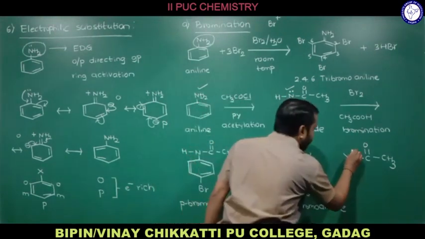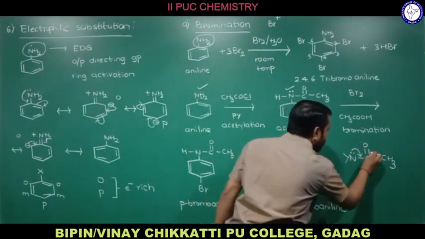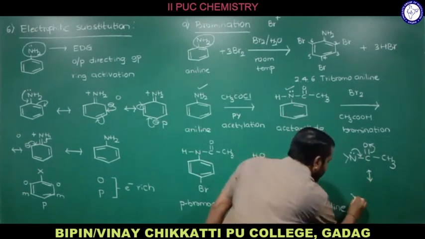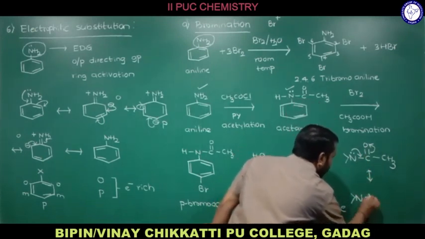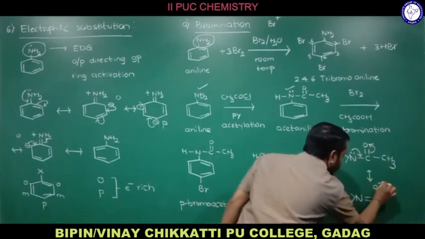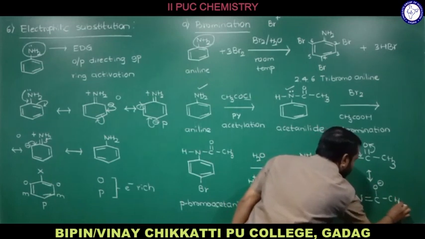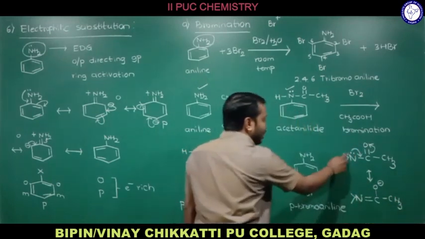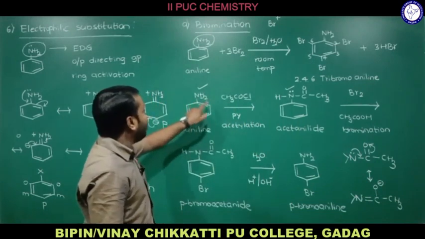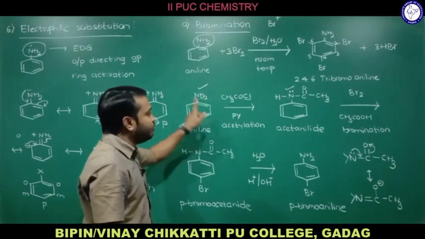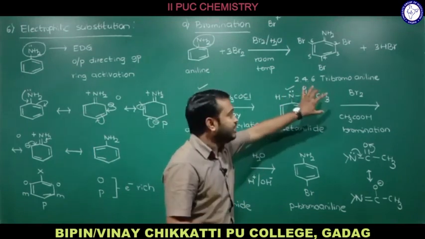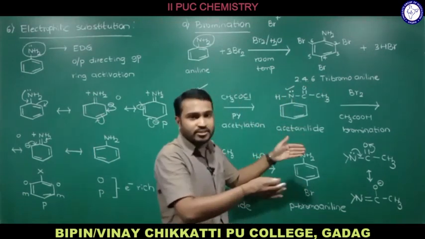So this lone pair of electrons will shift here, and that is going to interact with oxygen. So this is a reversible reaction, and what we get? N double bond. So the lone pair has been shifted here, the pi electrons will be shifted here, so we get O minus and CH3. So what I am going to say here is that the lone pair of electrons present on the nitrogen is not involved in delocalization in the benzene ring, it is going to interact with oxygen, so that the reactivity will become less.